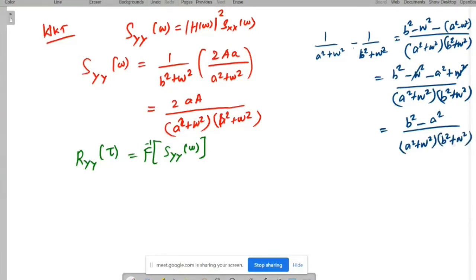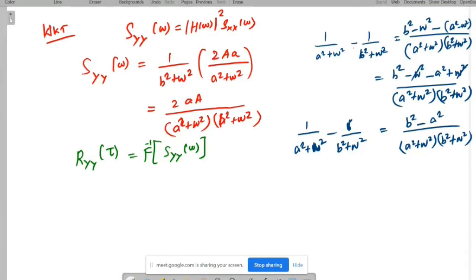From the left-hand side, I have taken 1 by a square plus omega square minus 1 by b square plus omega square, so finally I have concluded like this.